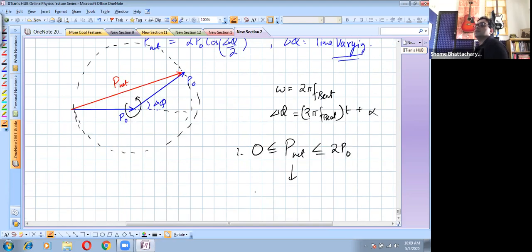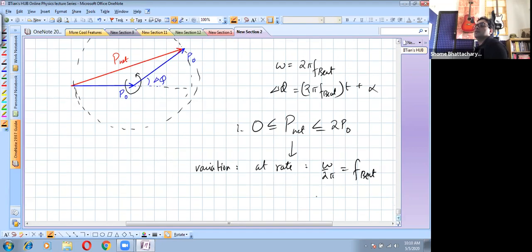It happens at the rate of omega by 2 pi, or the beat frequency. Or in this case, at the rate of 4 cycles per second.